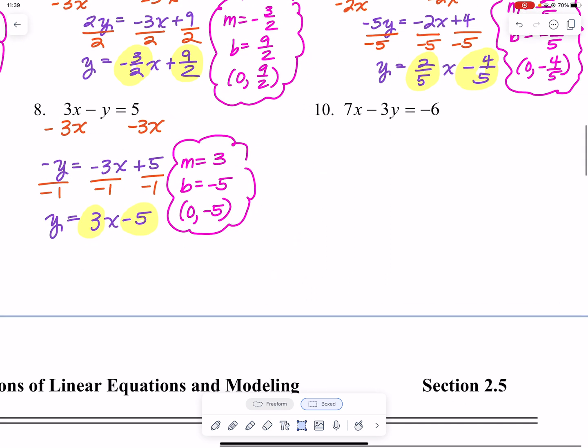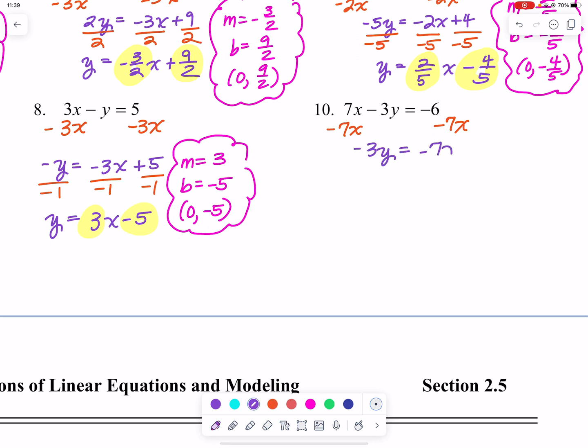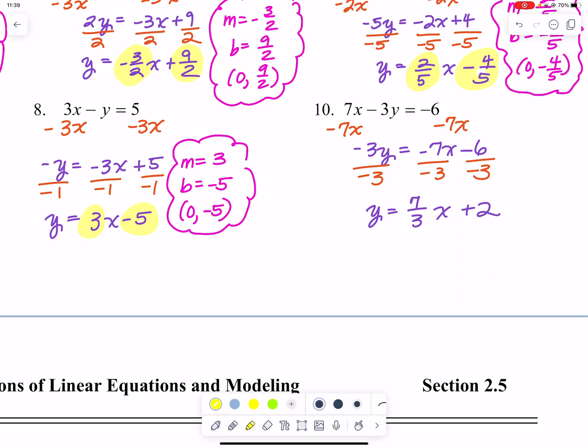Okay, let's go ahead and do the same thing. We're going to subtract 7x from both sides, and we have -3y equals -7x minus 6. Divide by -3, and we have y equals 7/3 x plus 2.